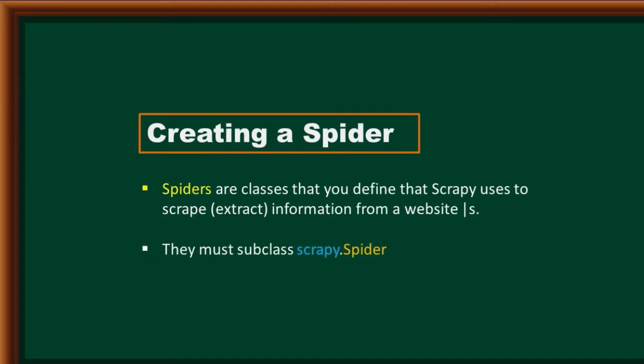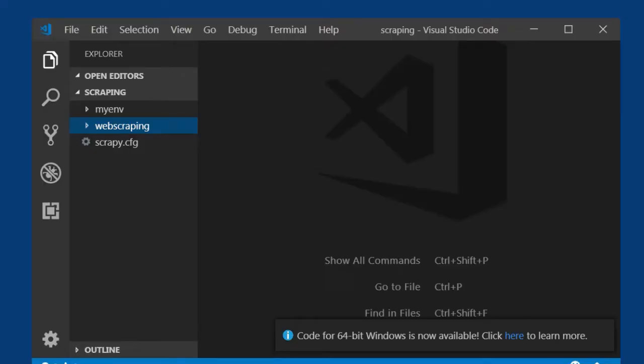So when you create a spider, it has to be derived from Scrapy.Spider, and you also have to define the initial request that you want the spider to scrape or get information from. A spider basically is created as a Python script.